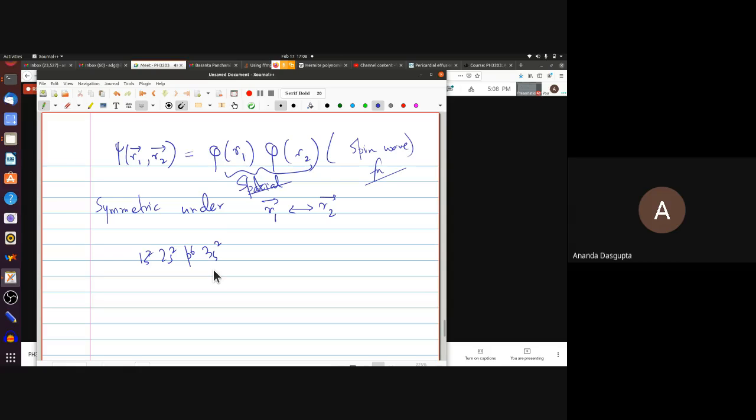I mean, what does it mean in terms of quantum? There's a quantum mechanical statement, right? What does it mean in terms of quantum mechanics?